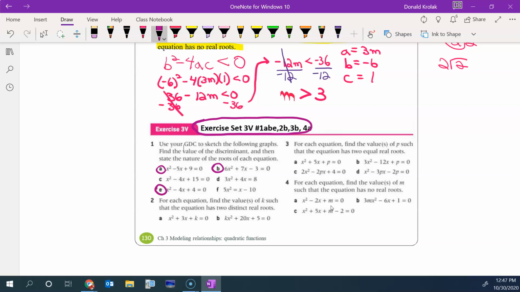Now it says use your calculator to sketch. When you use your calculators to sketch them, then find the value of the discriminant. State the nature of each of the roots.